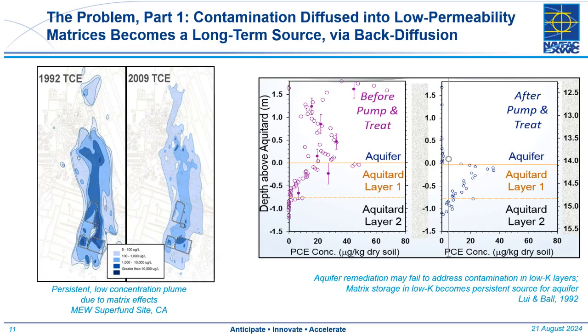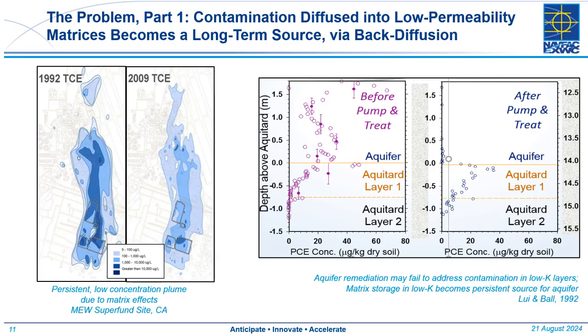Moving to the graphic on the right, over 30 years ago, my colleagues Chang-Shen Liu and Bill Ball published a paper evaluating the effects of pump and treat on cleanup of a mixed aquitard type system. These are PCE profiles in soil; on the left-hand side are concentrations before pump and treat, and on the right after pump and treat.